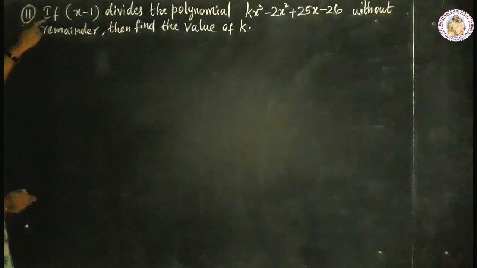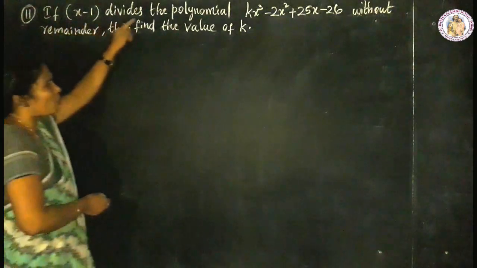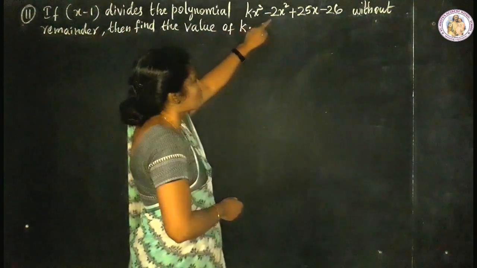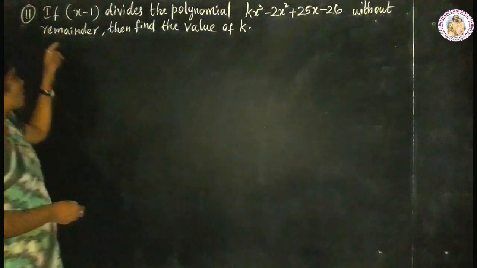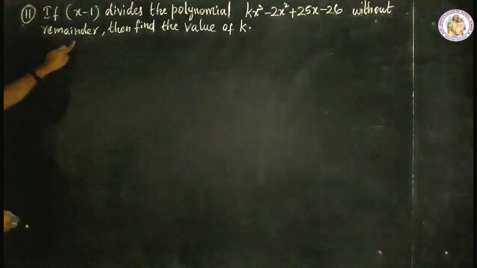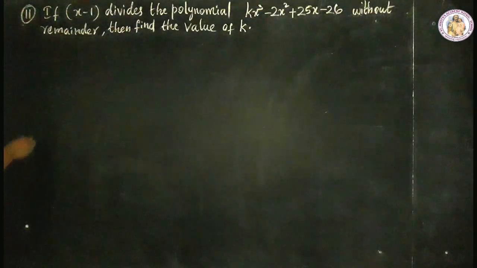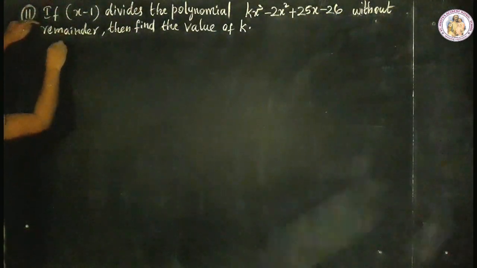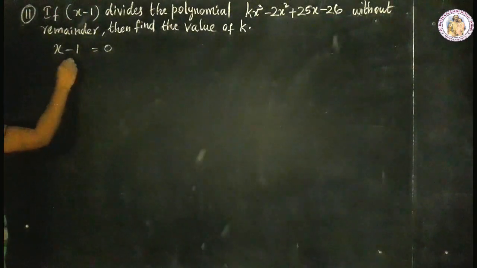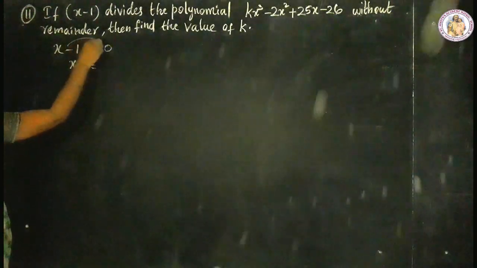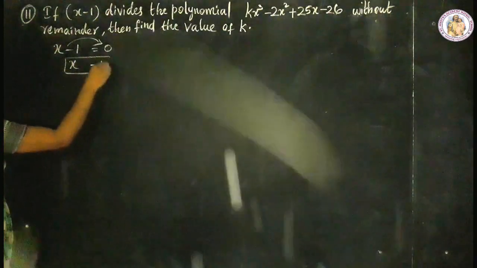Question number 11. If x minus 1 divides the polynomial kx cube minus 2x square plus 25x minus 26 without remainder, so it is equal to 0, then find the value of k. So now take x minus 1 is equal to 0 when it is divided by x minus 1. So let x minus 1, it is x is equal to 1.